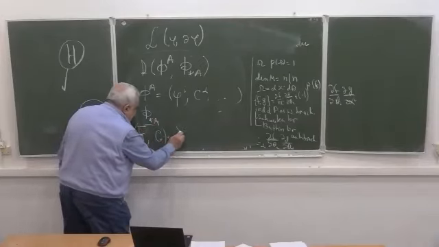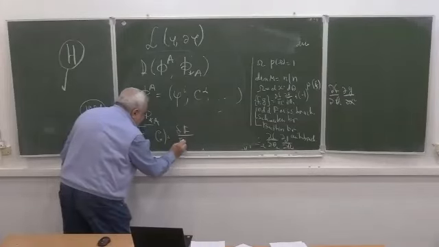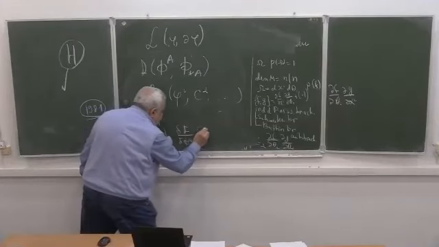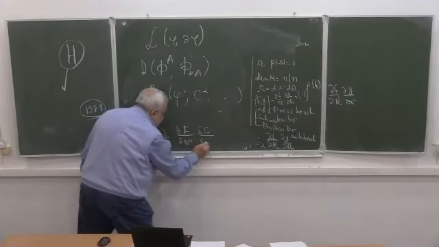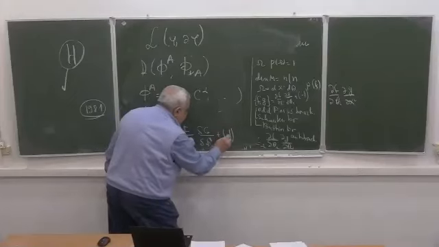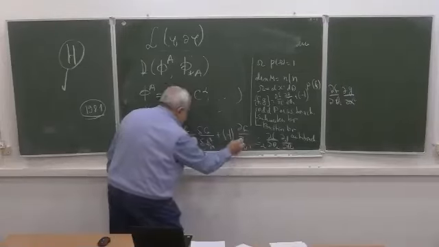It is df by dphi^i, dg by dphi^i star, plus something for the odd, df by dphi^i star.